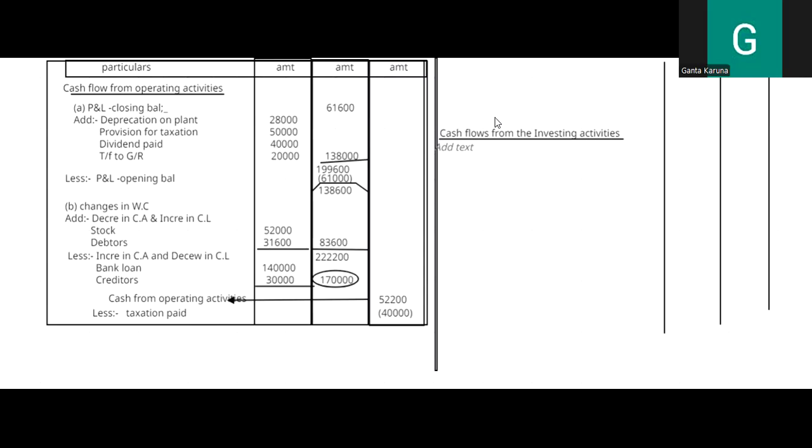So once we have done with the investing activities, the last one we are going to take is the financial activities. So here, financial activities we are going to take. Then I'm going to start as cash.